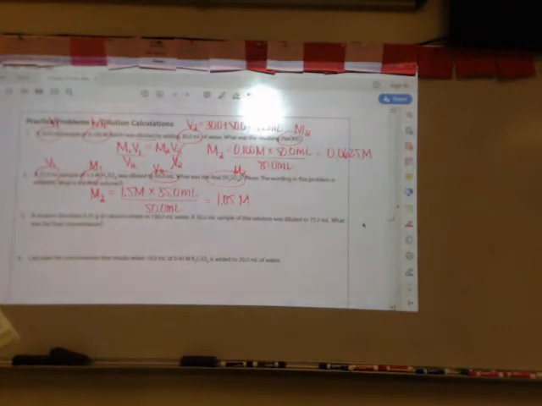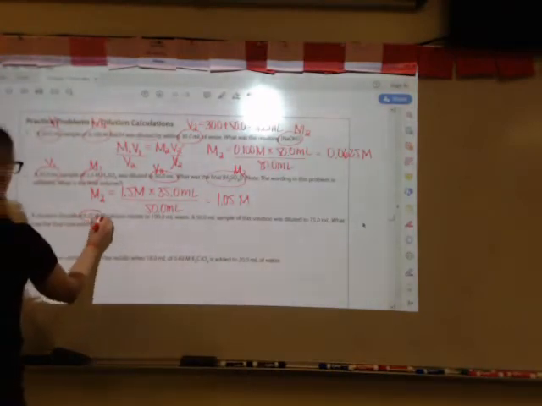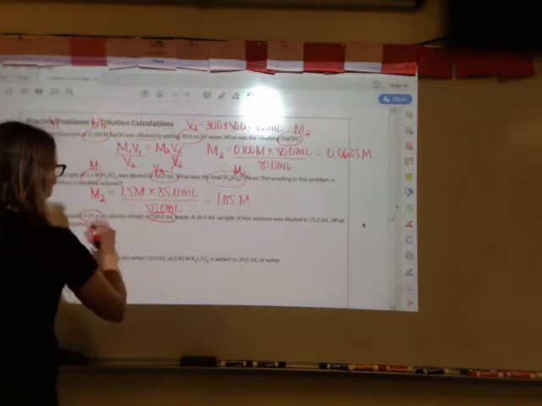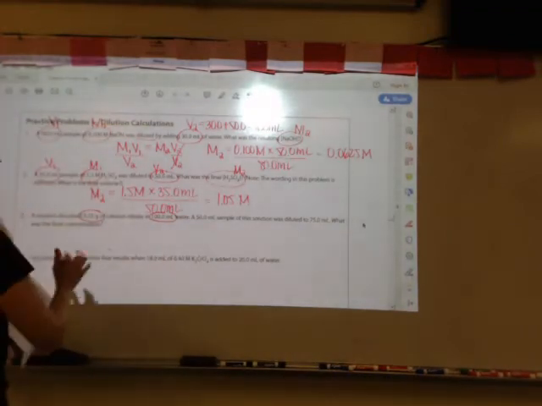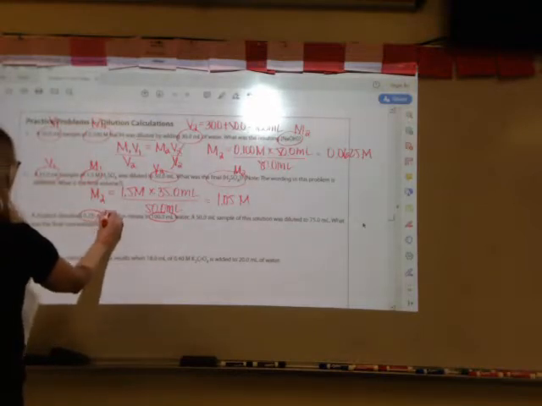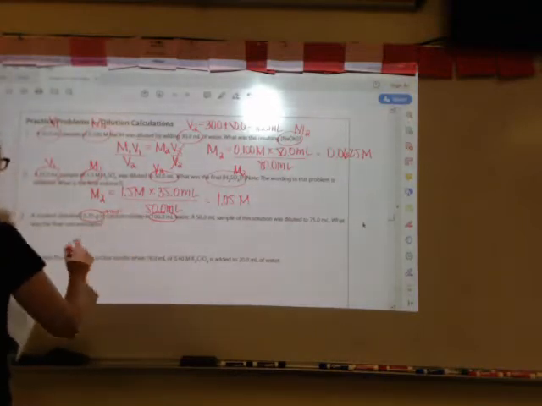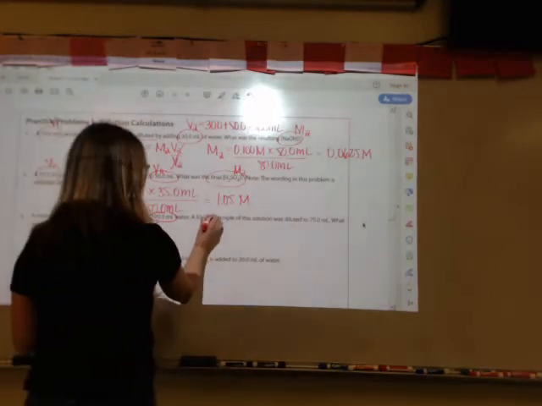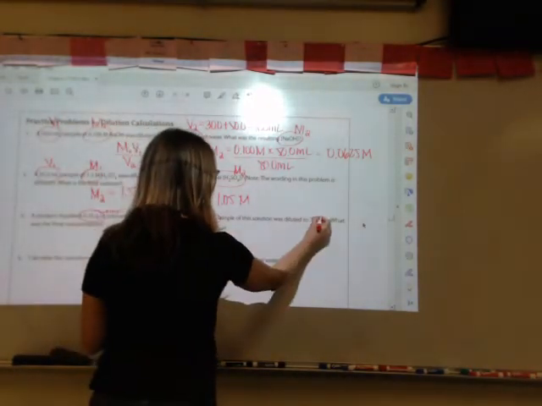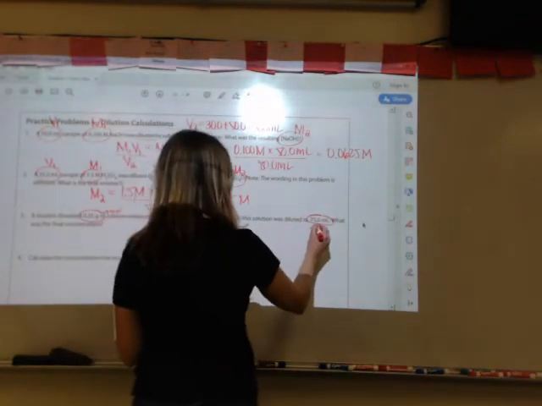Number 3, a student dissolved 0.25 grams of calcium nitrate in 100 mL of water. Let's just start with that much. So we're probably going to be converting grams to moles and dividing by the 0.1 liters to give us a concentration, because 50 mL of that solution is diluted to 75 milliliters.